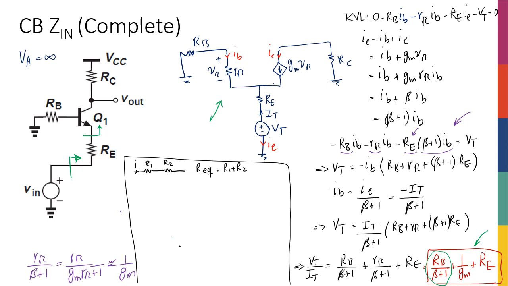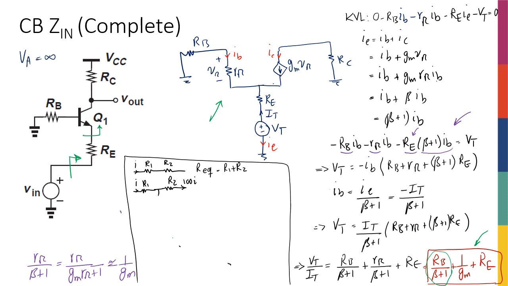Great. Now, if I have an R1 that has an I, and then I have an R2, and there is some sort of a branch between them, and the R2 has 100 I, I cannot say that these two have the same current, so I cannot say that REQ is equal to R1 plus R2, right?